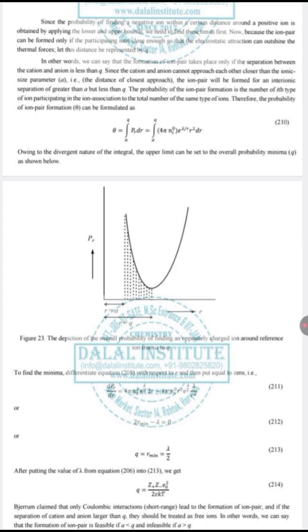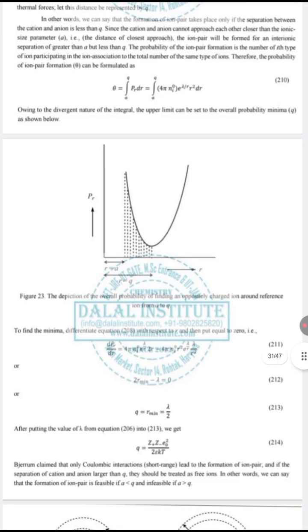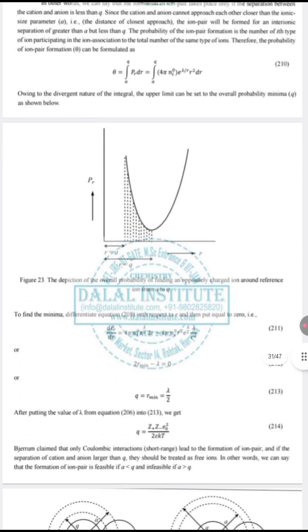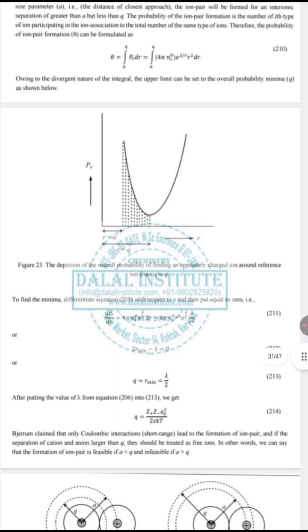In other words, the formation of an ion pair takes place only if the separation between the cation and anion is less than q. Since the cation and anion cannot approach each other closer than the ionic size parameter a, that is the distance of closest approach, the ion pair will be formed for an interionic separation of greater than a but less than q.